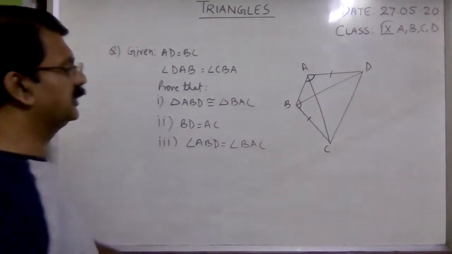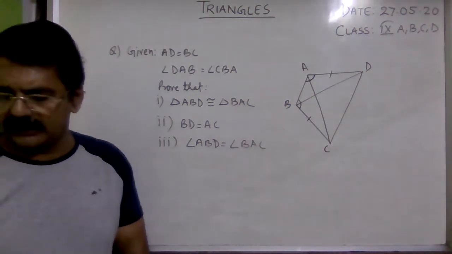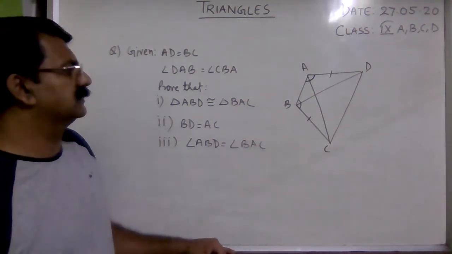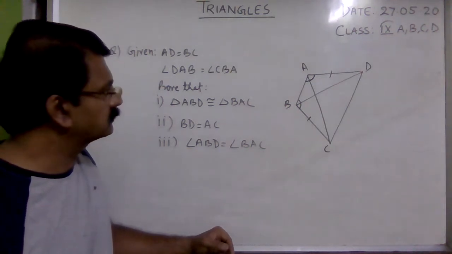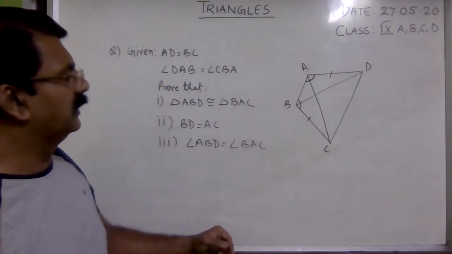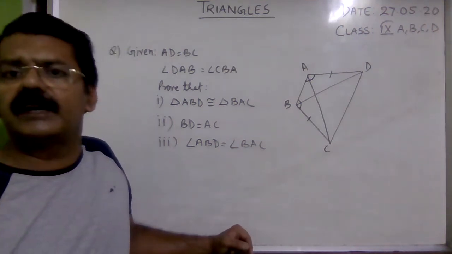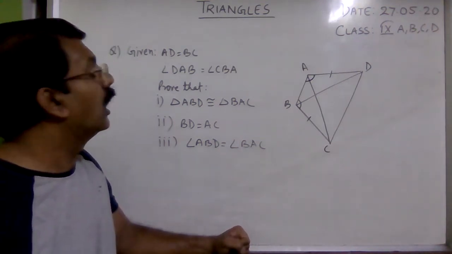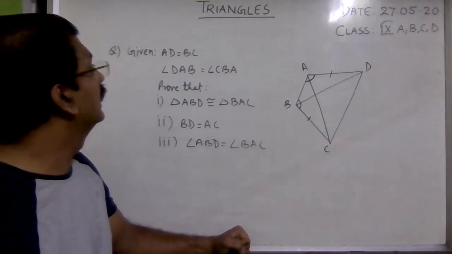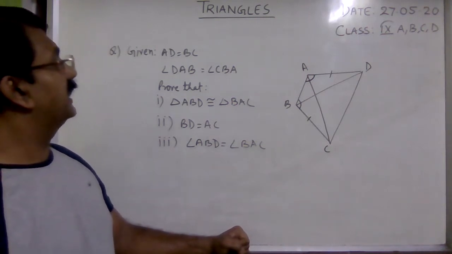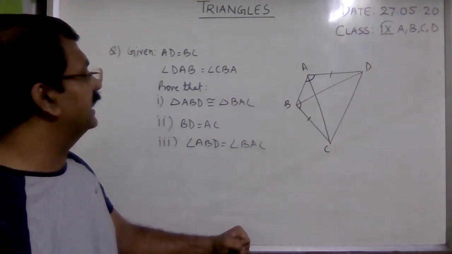So there are three parts in this question, and we will apply the various criteria for congruency to prove that triangle ABD and triangle BAC are congruent.